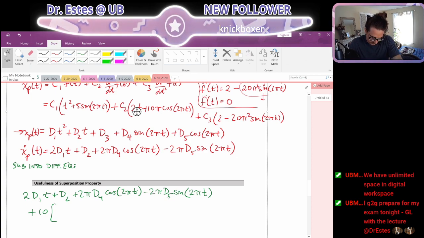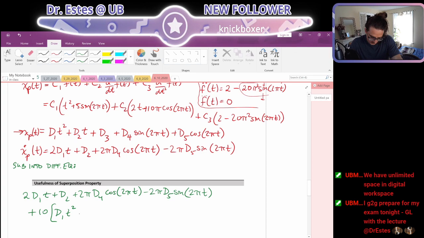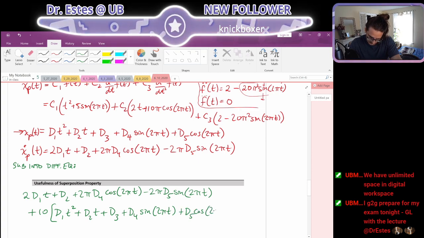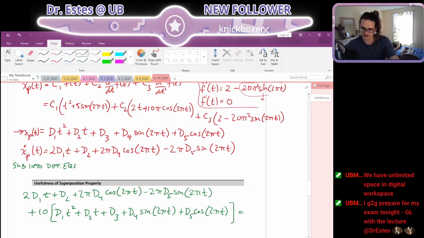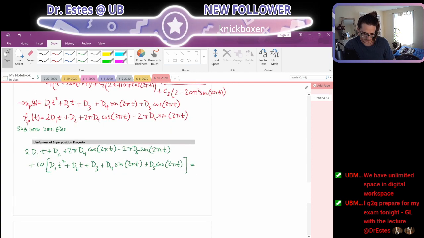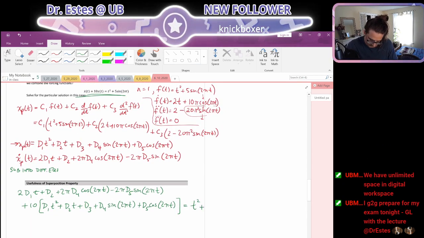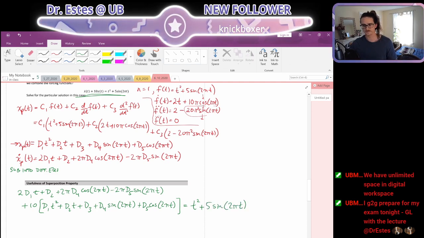All right. D1, so we're just plugging in this term, d2 t, d3 plus d4 plus d5. And then this is going to be equal to our right-hand side, which is t squared plus 5 sine 2 pi t.